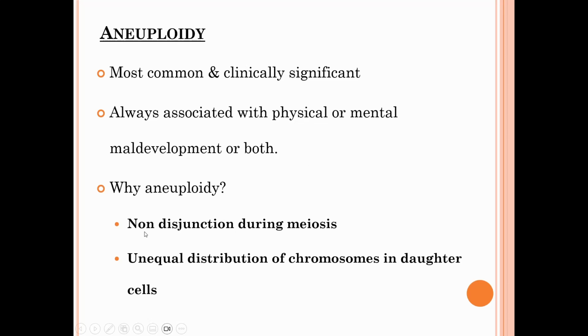Why there is aneuploidy? So remember always this word, non-disjunction during meiosis, and there is unequal distribution of chromosome in the daughter cells. So that means one daughter cell will get one lesser chromosome and one will get one additional chromosome. Okay, it can happen that way.